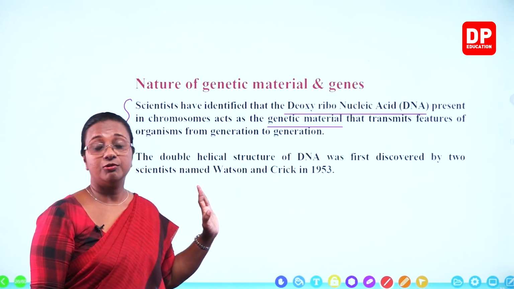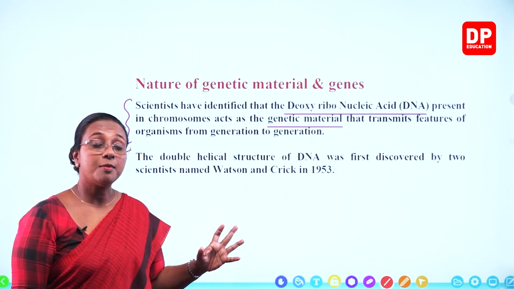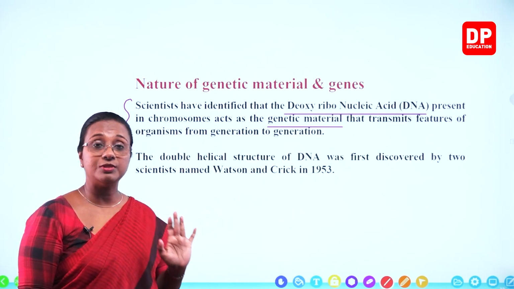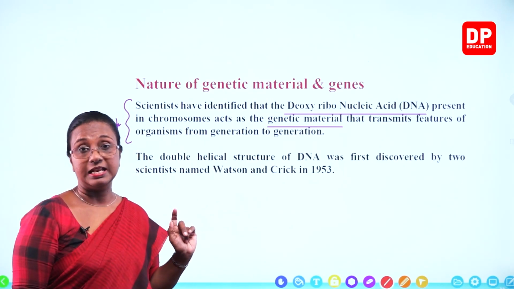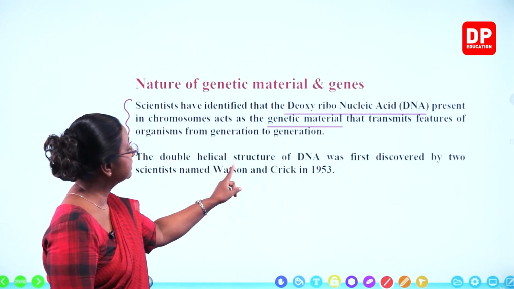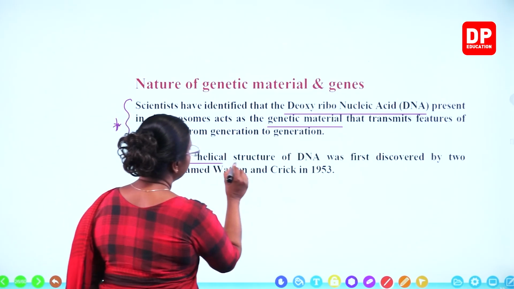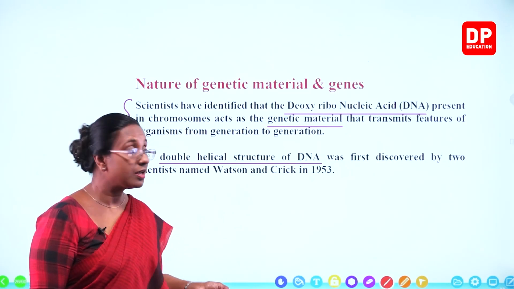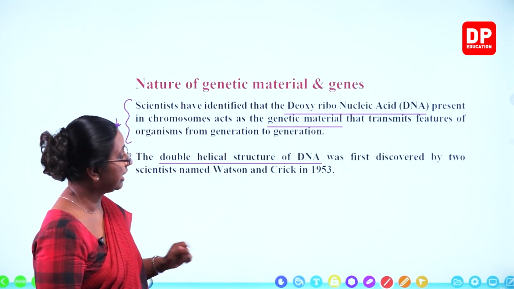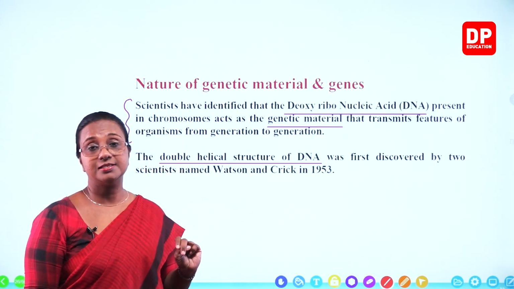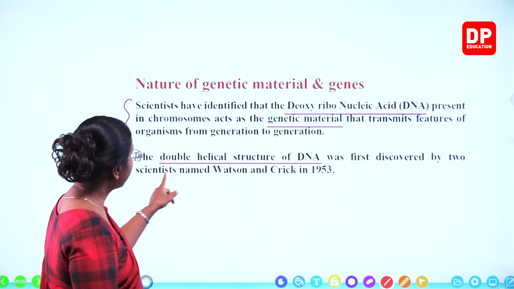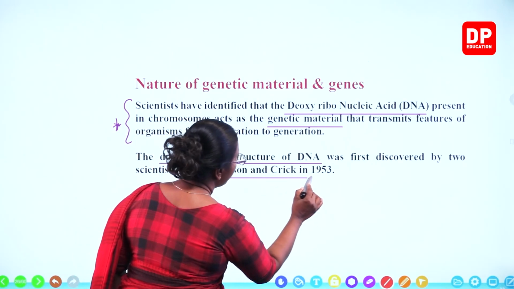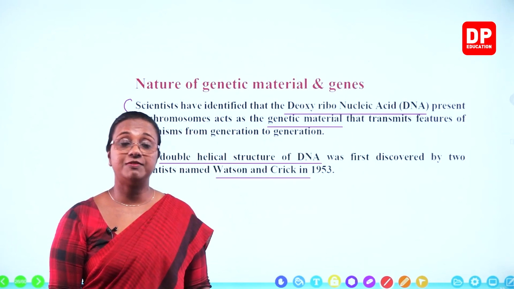And this DNA molecule, you are familiar with that. It is made up of nucleotides, polynucleotide chains. But the structure of DNA, the double helical structure of DNA, that is something new to you all. The double helix, or double helical structure of DNA, was first discovered by two scientists, Watson and Crick, in 1953.